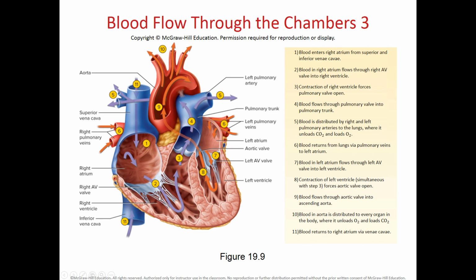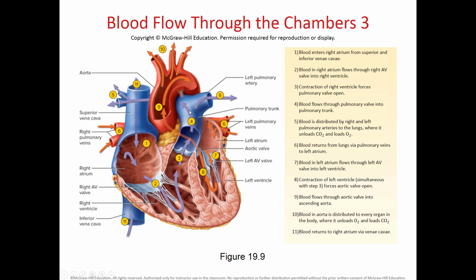Then once you have enough blood, you have contraction of the right ventricle, you will close the tricuspid, you will open the pulmonary valve, and the blood will flow from the right ventricle into the pulmonary trunk.